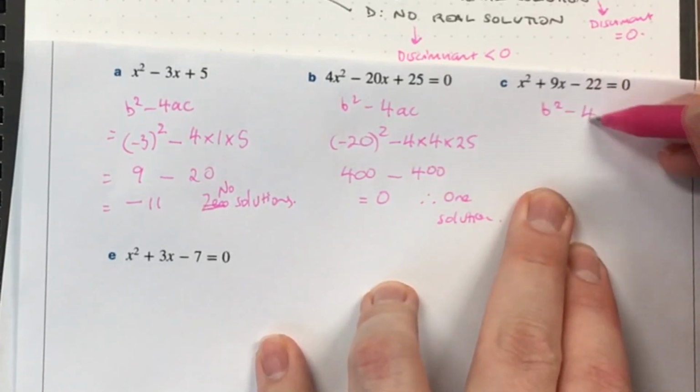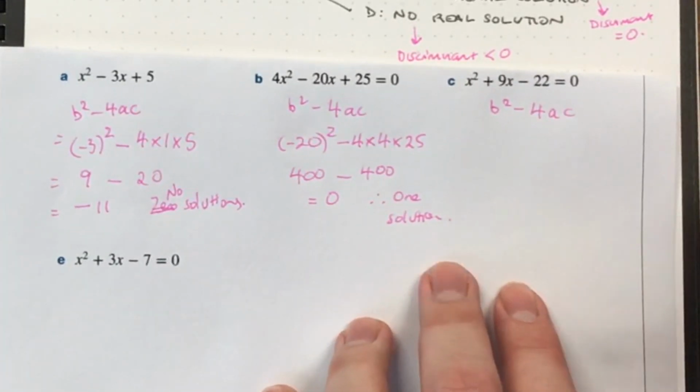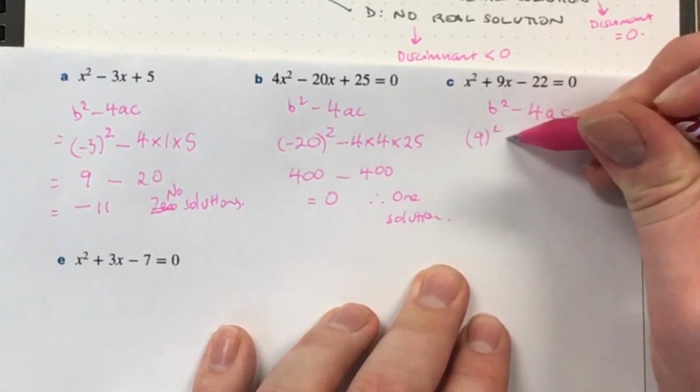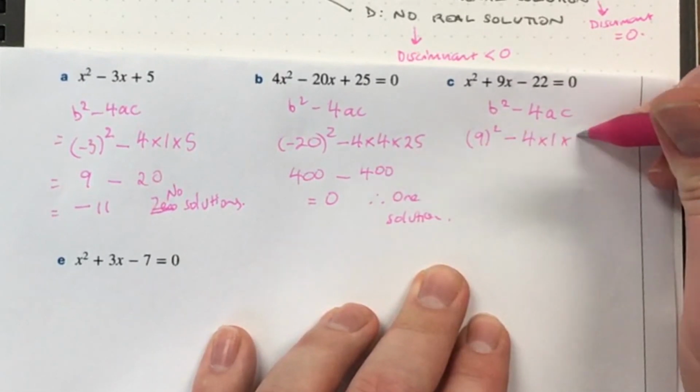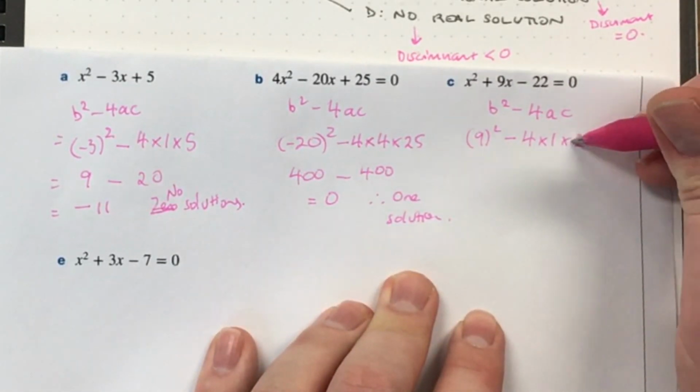This next one here. B squared take away 4ac. So this is going to be 9 squared minus 4 times 1 times negative 22.